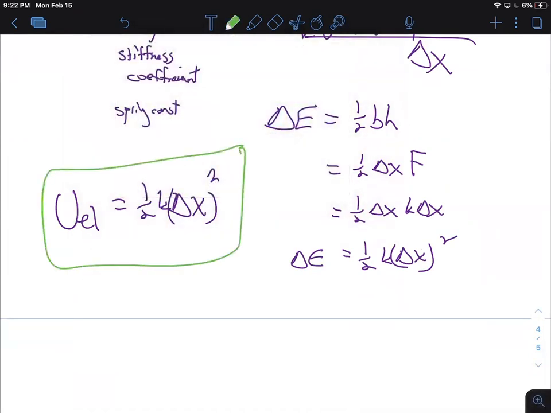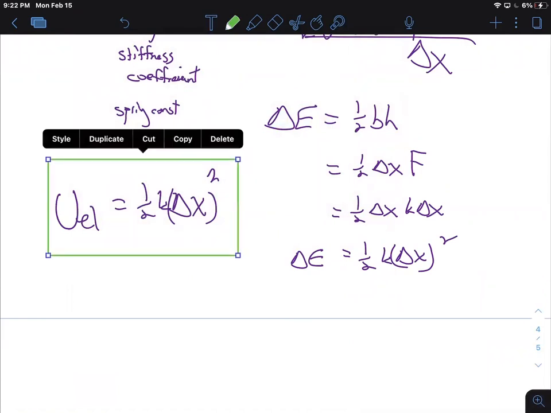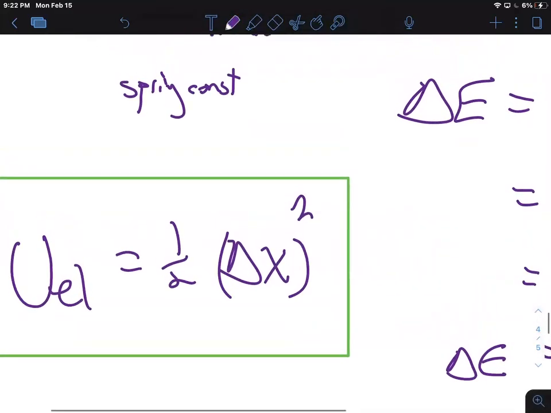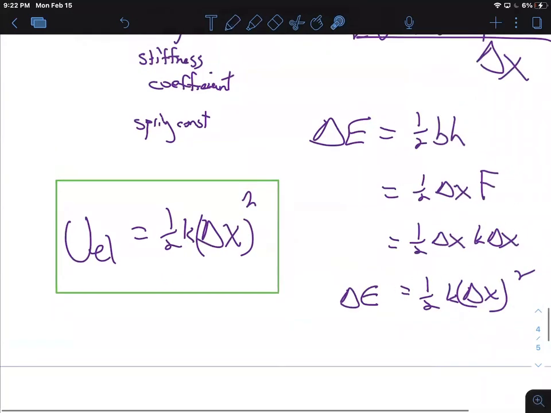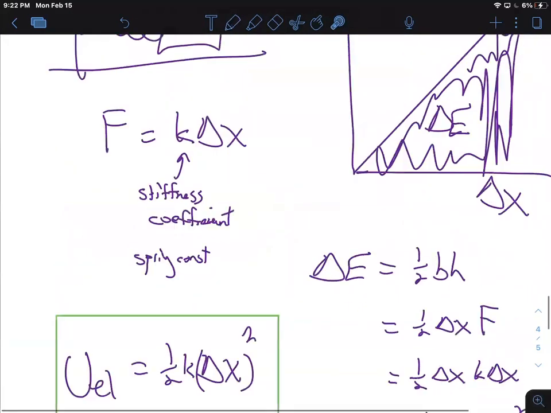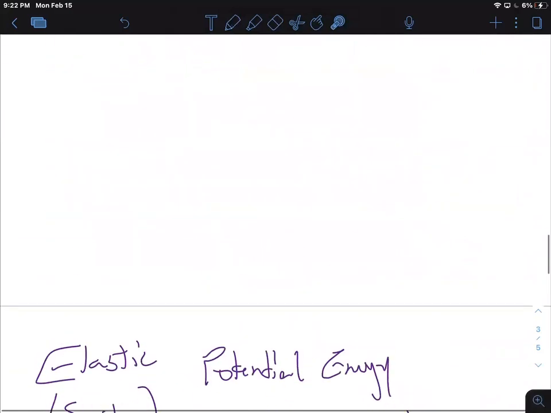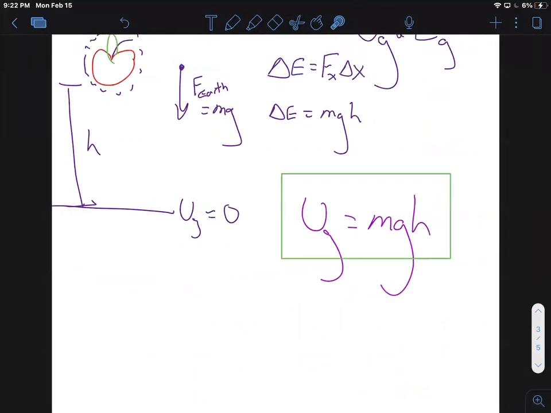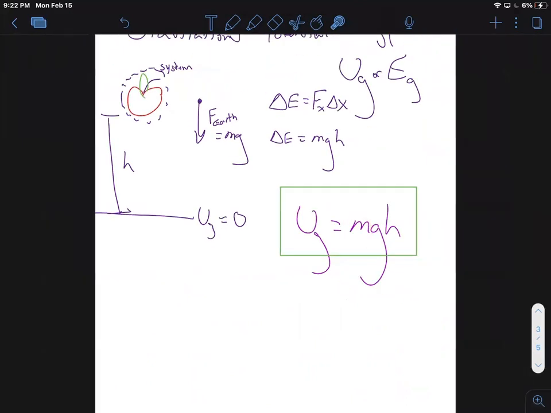Energy equation. You'll see that this does depend on what kind of spring you use, as well as how much you stretch the spring. So both of these determine how much energy you get. Just like if we look at gravitational potential, it depends on how high the object is off of our zero point and the mass of the object.